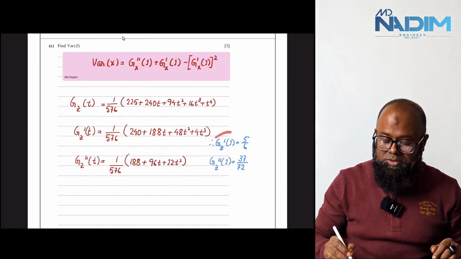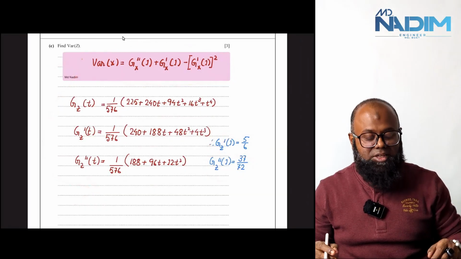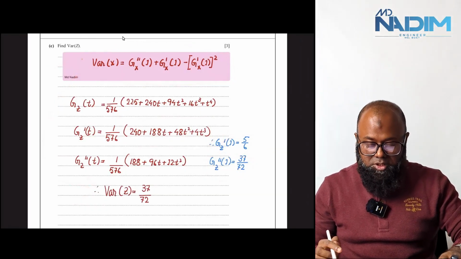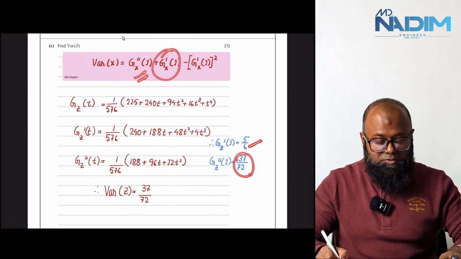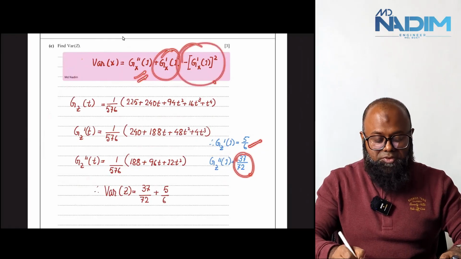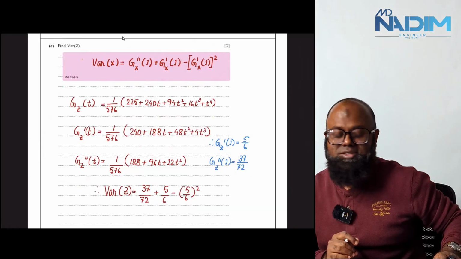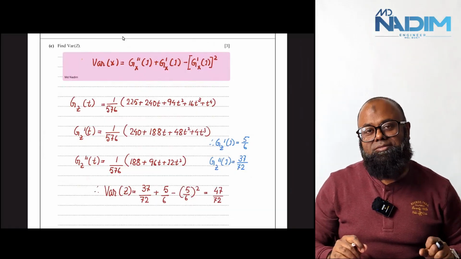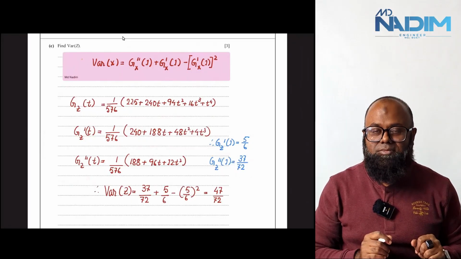Now I know these values, just simply apply this formula to get Var Z. So Var Z is equal to 37/72, plus first derivative's value 5/6, minus (5/6) whole squared. Now you can use your calculator to get the final answer and it would be 47/72. So this is the Var Z.